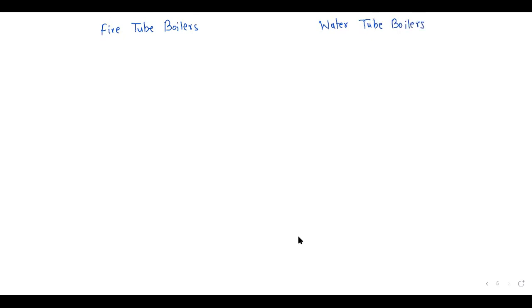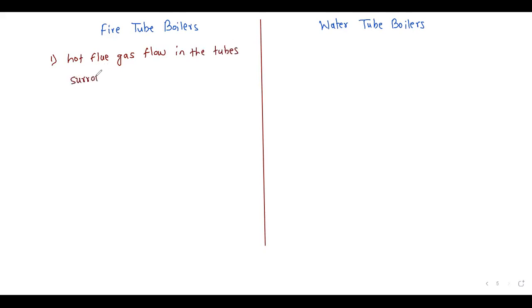Now the first point is based on the construction point of view. So basically in a fire tube boiler, hot flue gases flow in the tubes, and these tubes are surrounded by water, right?